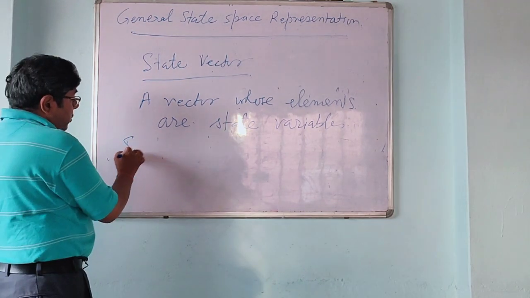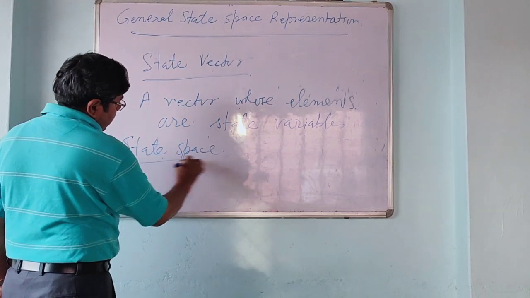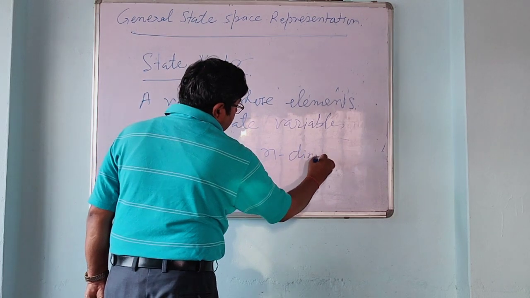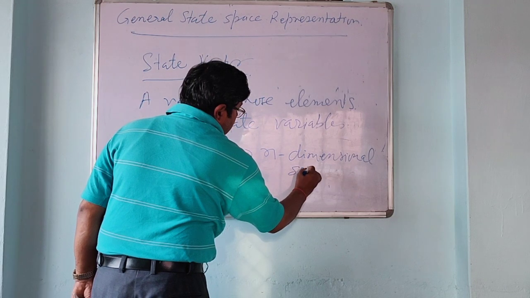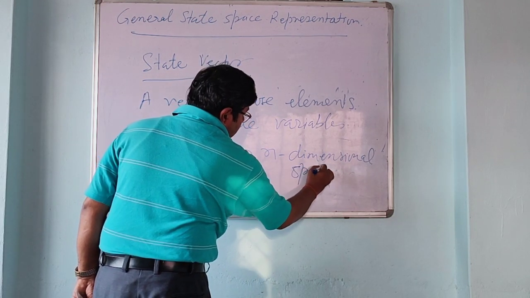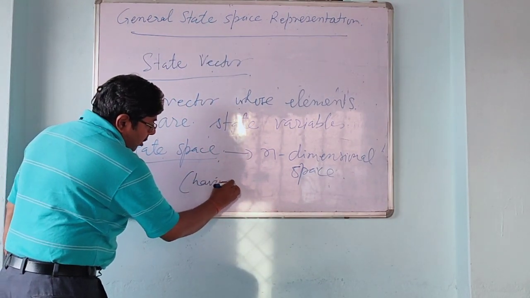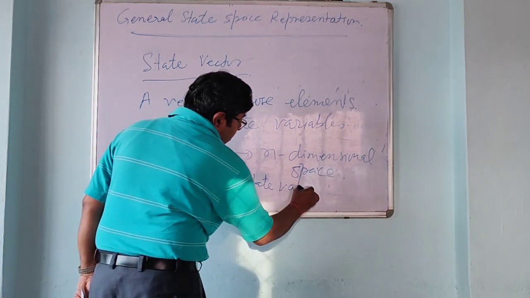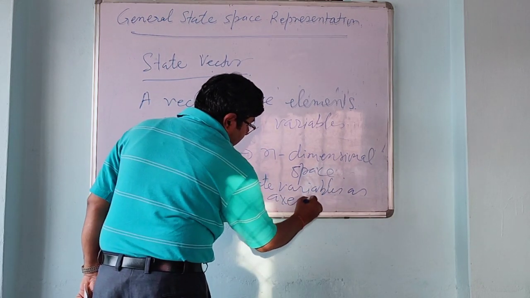Next one is the state space. So this is the n-dimensional space having state variables as axis, n-axis.